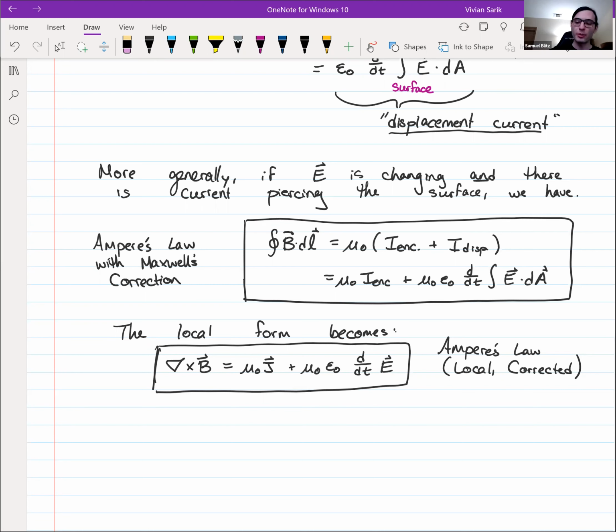And so what this formula tells us is that a time varying electric field, this is just like Faraday's law, by the way. Faraday's law says a time varying magnetic field causes an electric field. This is the statement that a time varying electric field causes a magnetic field to circulate.